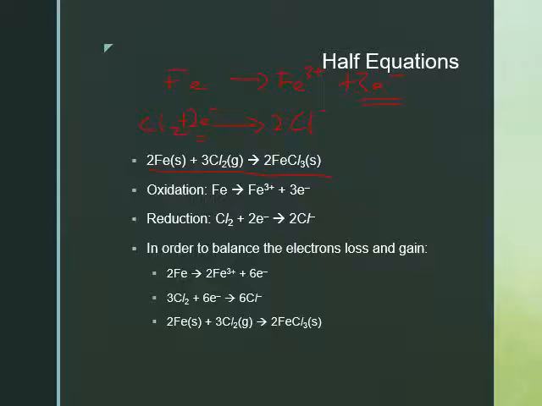So for them to combine, the number of electrons given and accepted must be exactly the same. So I make that 6. I multiply the first one by 2 and the next one by 3. And then I combine them together and I get the final equation. It is very important to note that this balancing of half equations is very important for redox reactions.